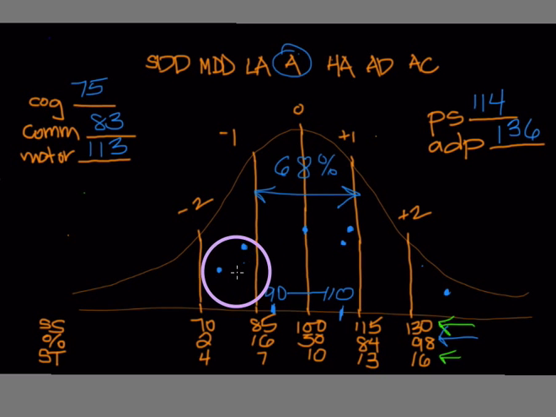Down here on the other side, we've got a communication score of 83 and a cognitive score of 75. Both of these scores are more than a standard deviation below the mean. The cognitive score is almost 2 standard deviations below the mean.